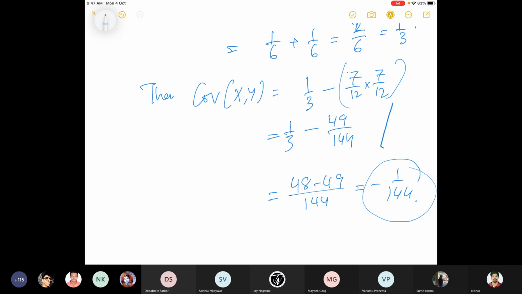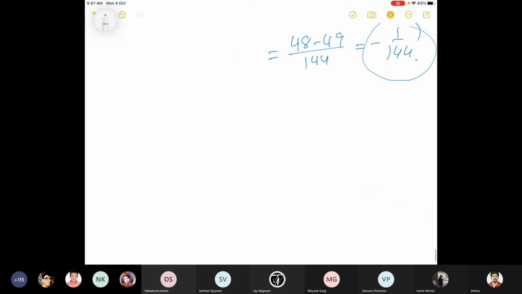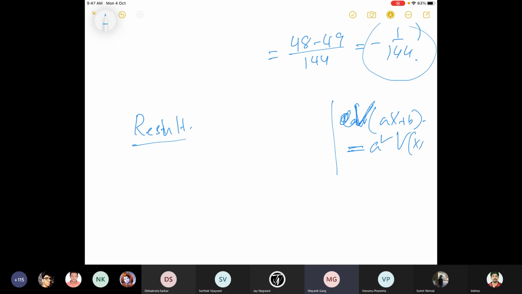Then you can have a generalized formula for covariance. This is also again a result like the way we talked about the formula for the expectation of ax plus b. We had a formula for the variance. Can anybody tell me what was that formula? Not covariance, but the variance of ax plus b, when X is a random variable? A square times variance of X. Yeah.